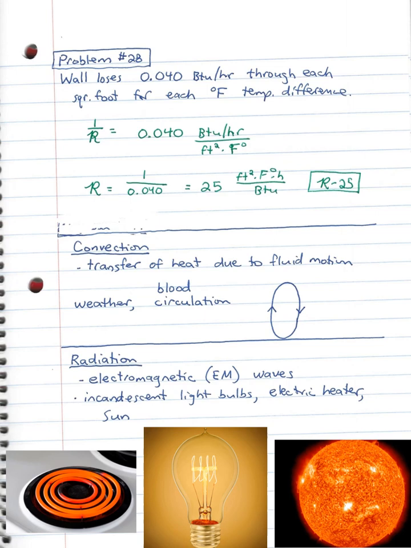Well, conduction is the first heat transfer mechanism. I'm going to talk very briefly about the second one, and then a bit more about the third one. So there is convection. Convection is heat transfer due to fluid motion. And I won't cover it too much because the math of it is very difficult.